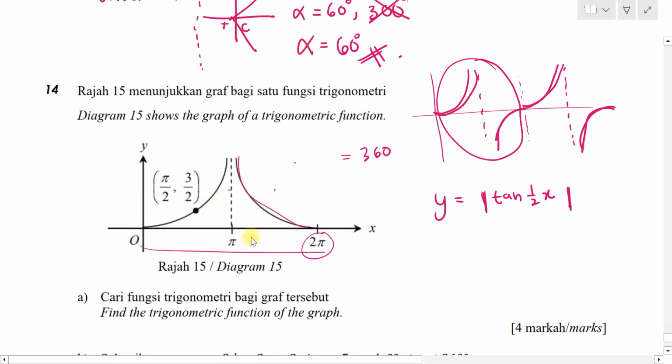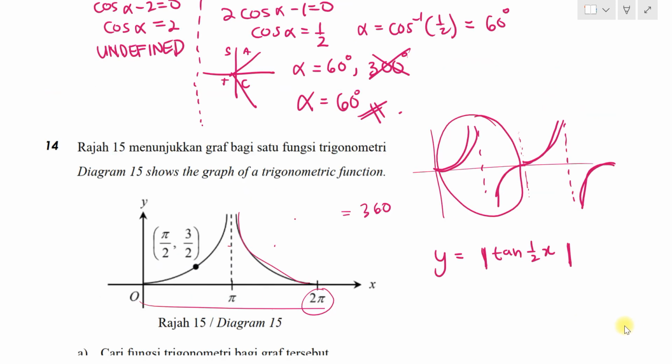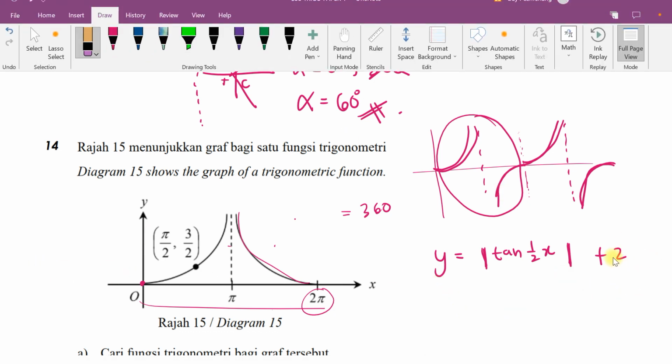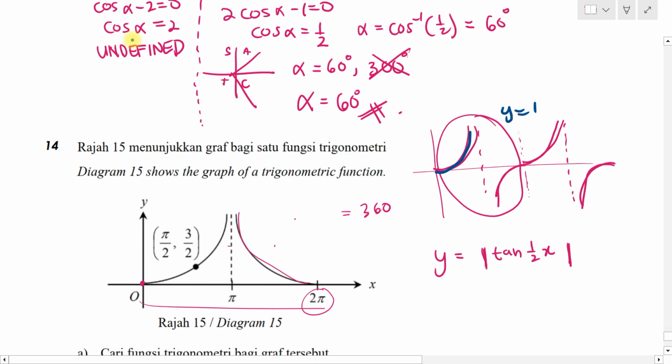For the amplitude, we need to look too. The graph starts from 0, right? That means the graph does not shift up, so no need to plus 2, plus 3 or minus 2, minus 3. Because it starts with 0, we know already. Our normal graph also starts with 0, right? This is y equal to tangent x. They just do this modification only. We have the modulus already, so it's supposed to start with 1, but we don't know whether it starts with 1.